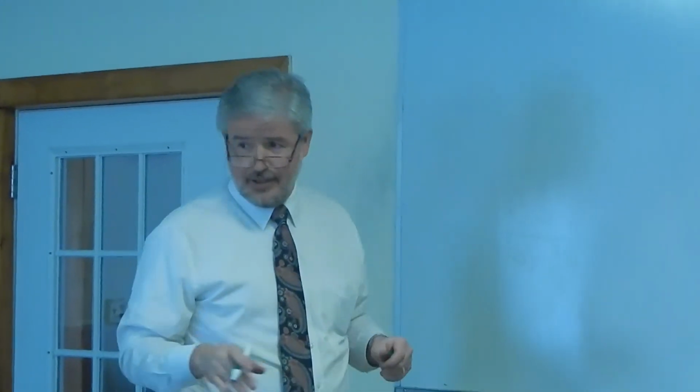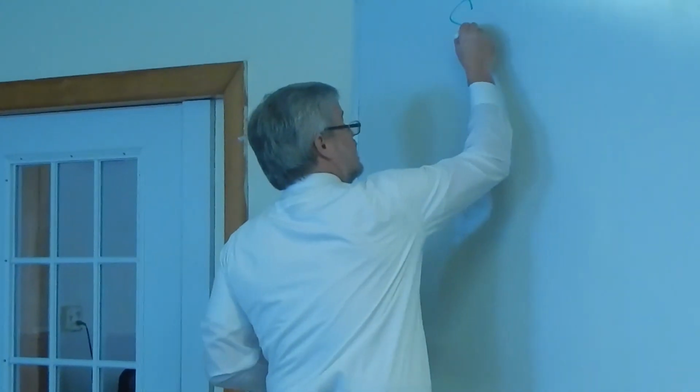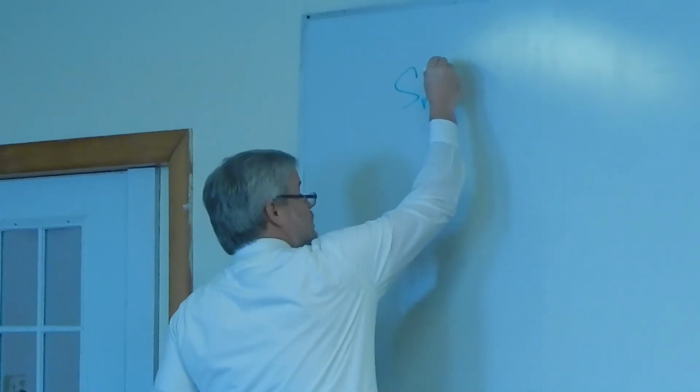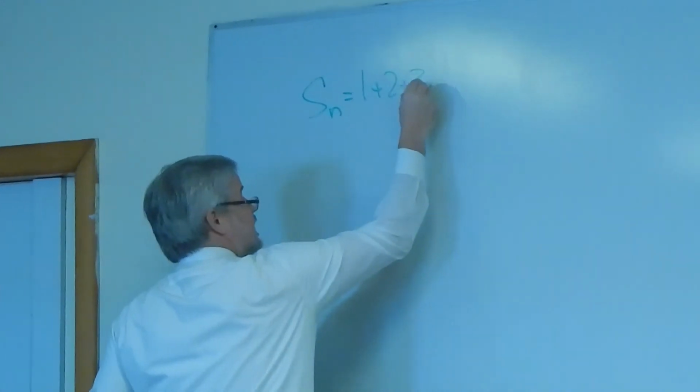So Pascal was told to find the sum of the first 100 integers. He went back to his little desk and figured out 5,050. But the formula that he came up with, we're not going to go through, because we already know this one. Sn equals 1 plus 2 plus 3 plus ... n.